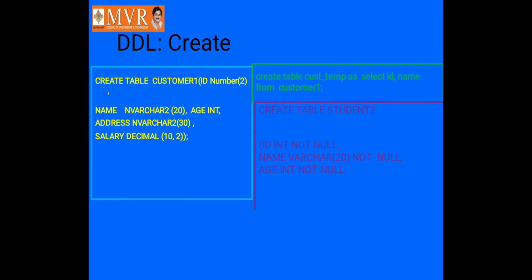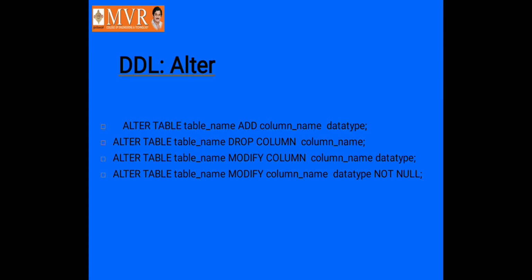Now I want to change the fields, so you use alter table student 1 add, afterwards giving incentives as the column, data type integer. Then one more column will be added at the student 1 level.